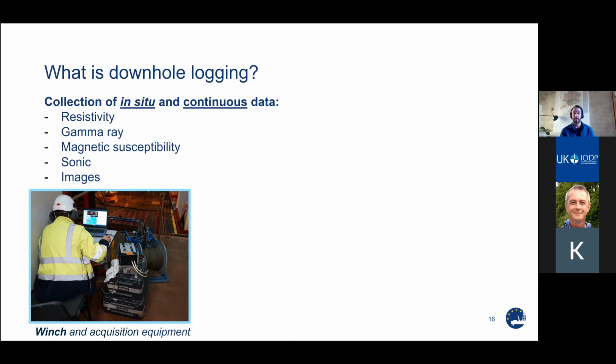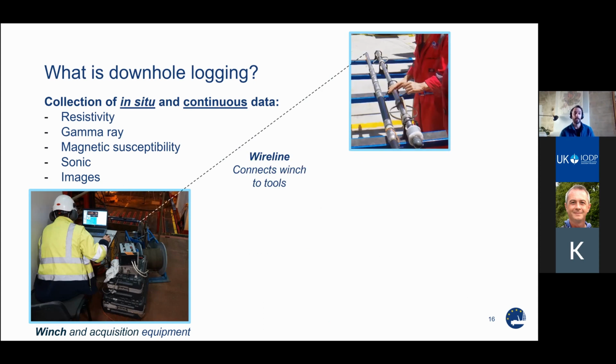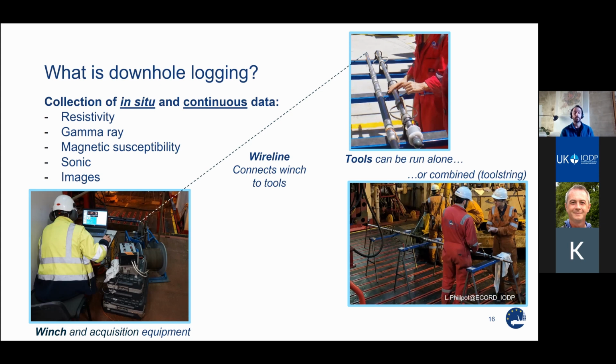The computer is connected to some acquisition equipment, itself connected to a winch, and this winch will deliver some cable, and the cable is connected to a tool, and we send this kind of tool downhole once we've completed drilling and coring operation. So traditionally, we use tool strings, so we combine tools to save time. Instead of sending one tool after the other, we can combine 3 to 4 of them to save time, basically.